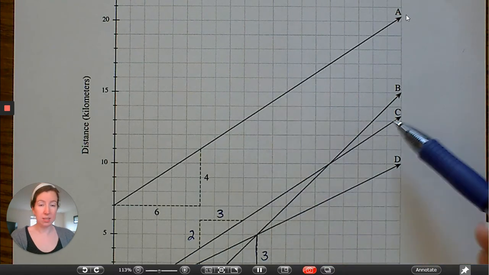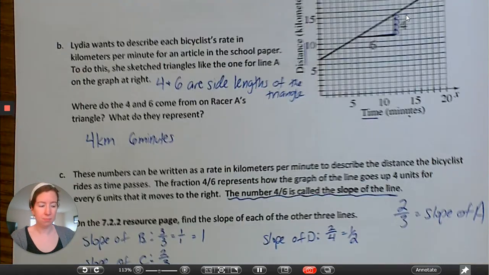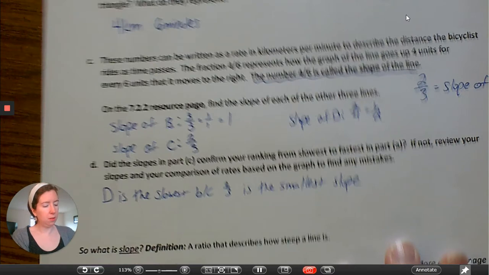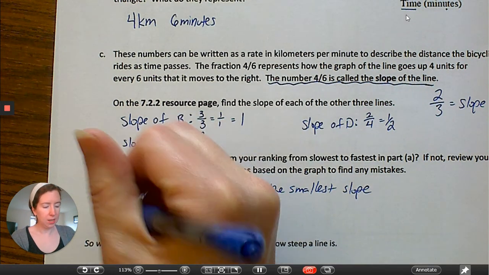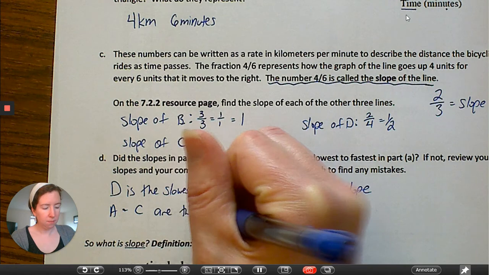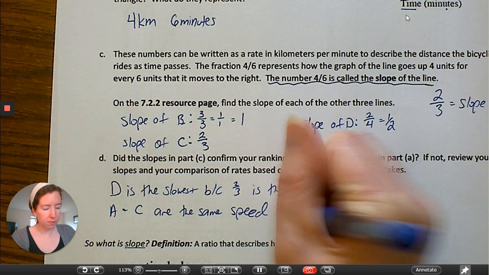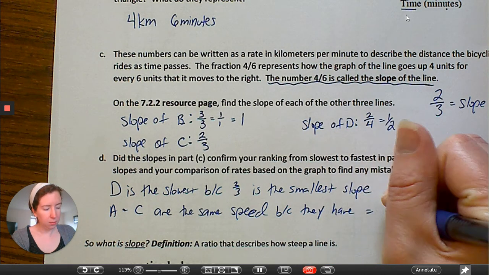So obviously person C is never going to catch up to them because they're going at the same speed, and person A has the advantage of getting started first. So even though they're not at the same place, they're still going at the same speed. So we can say A and C are the same speed because they have equal slopes.